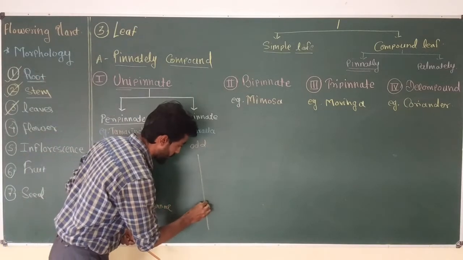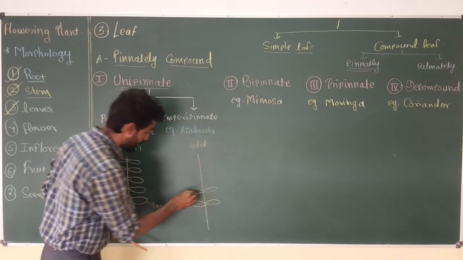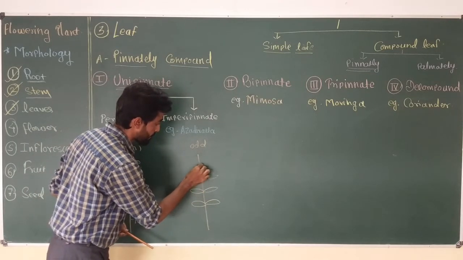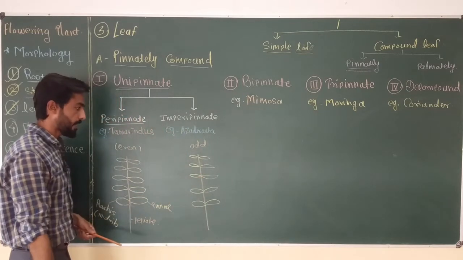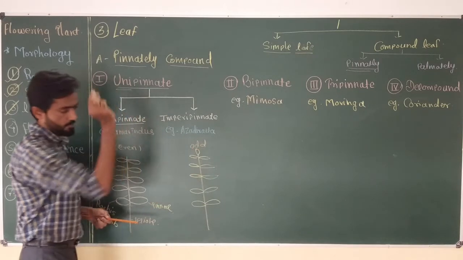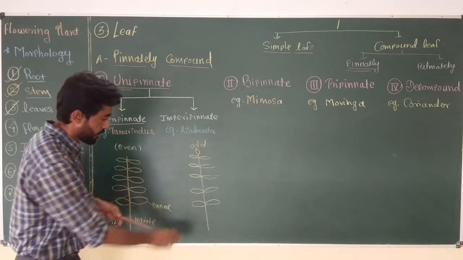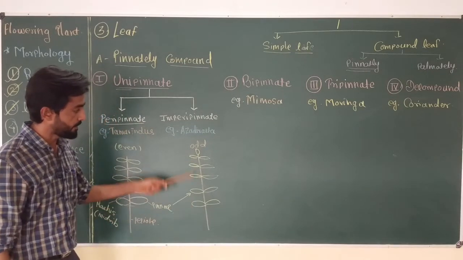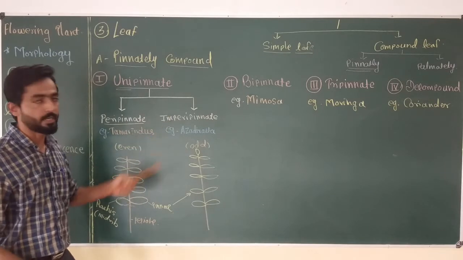In this case you can observe pairing of the pinnae similar to the paripinnate leaf, but the difference is that at the tip of the leaf you can find one more pinna, and due to this pinna present at the tip of the leaf, the total number of leaflets or pinnae in this type of leaf becomes odd, and due to which it is called an imparipinnate leaf.